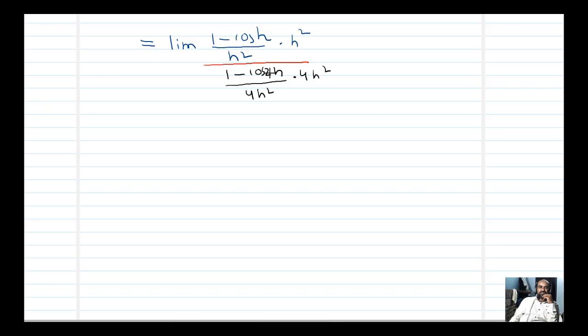Here h is tending to 0. So h square gets cancelled. The numerator is 1 half, and the denominator is another half into 4. So that is equal to 1 by 4.